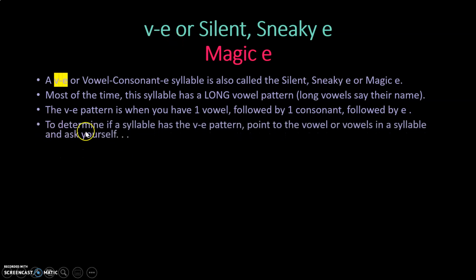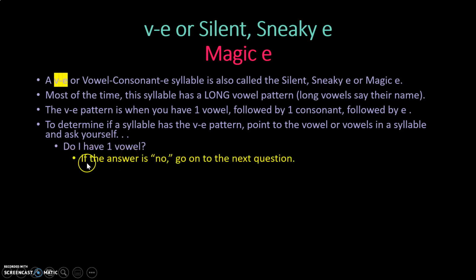To determine, which means to figure out, if a syllable has the vowel consonant E pattern, you point to the vowel or vowels in a syllable and you ask yourself, do I have one vowel? If the answer is no, then go on to the next question. Do I have two vowels?